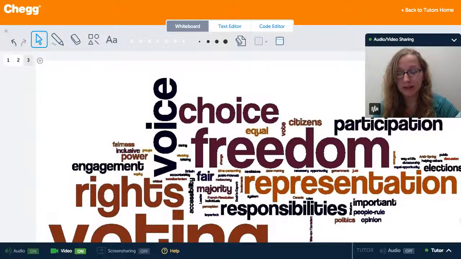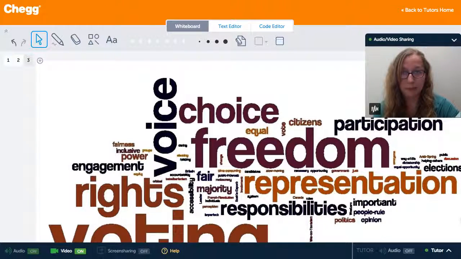You can see some other things that people associate with the idea of democracy on the screen here, things like representation, engagement, responsibilities. People from America, which is the only country that I can speak to because it's what I'm a citizen of, are concerned with having a voice and being able to participate in their government, and many believe that representative democracy, or democracy in general, is a good step in that direction.